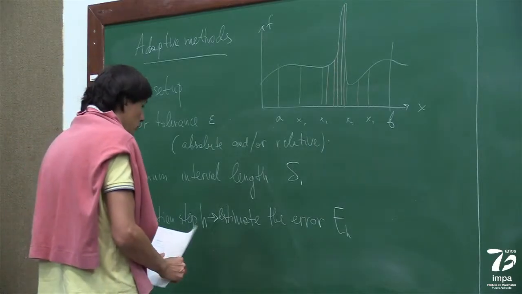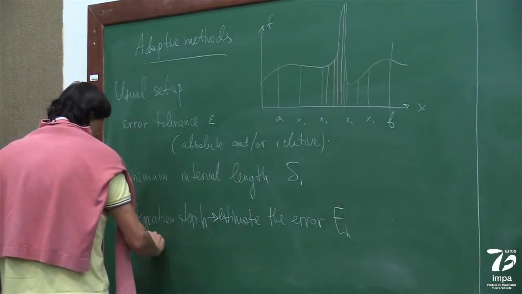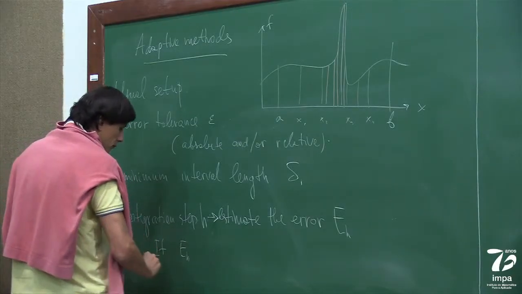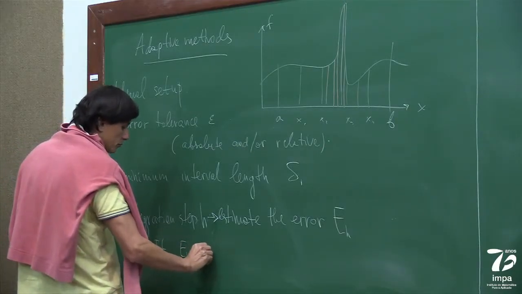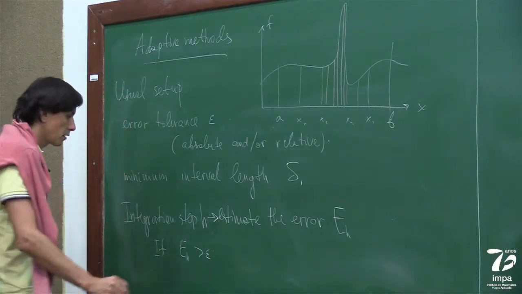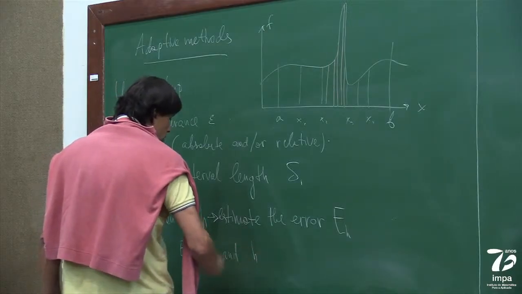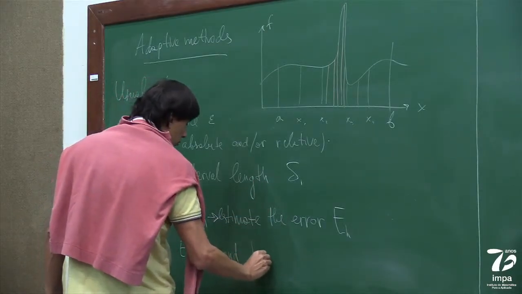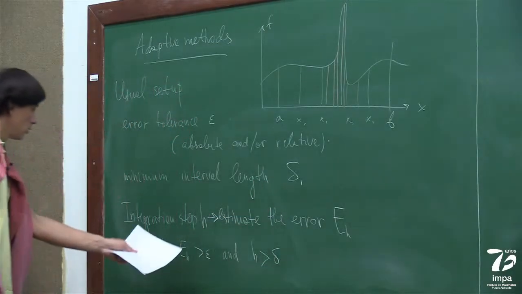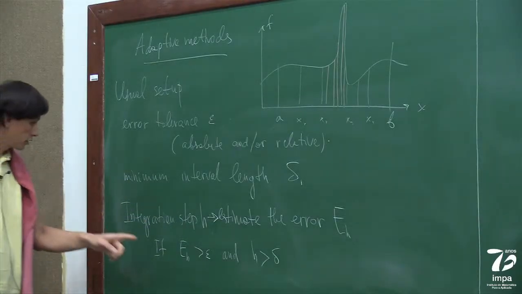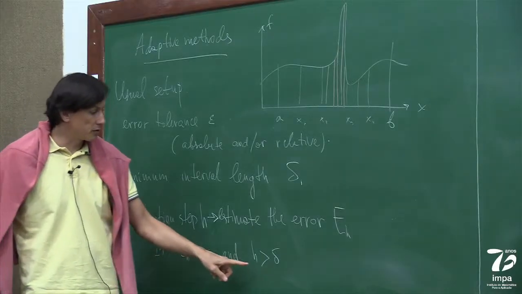So you compute the error, and if the error is bigger than epsilon, and your step h is bigger than delta, then this computation is not valid because it's not accurate and the step can be decreased.